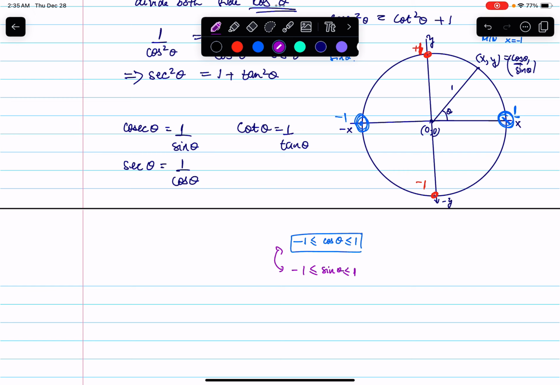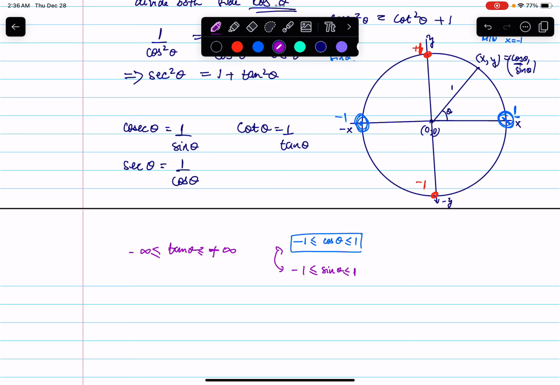Okay? Good. So now after this, we can look at tan of theta. Tan of theta is a very complicated function compared to sine and cosine. It's possible to get tan of theta between positive infinity and negative infinity, right?